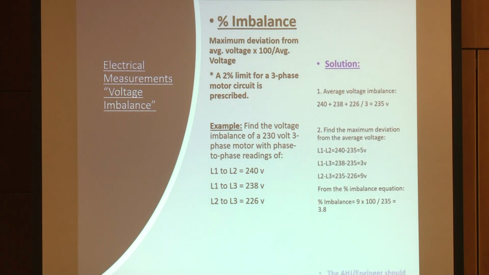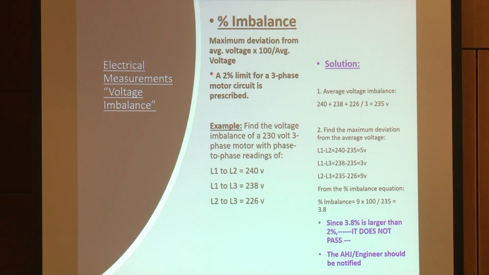So if we're looking at a three-phase 230-volt system and the line-to-line voltages are here, what we do is we take that, look at that imbalance, we look at the average there, we plug that in, we got 5 volts, 3 volts, 9 volts. So for the percentage equation, that percentage imbalance is 9 times 100 divided by 235, which is 3.8.